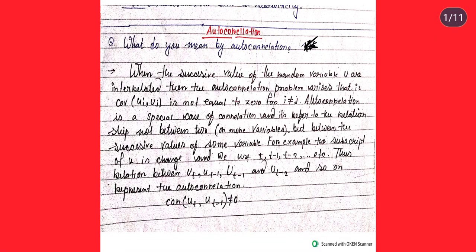Autocorrelation. What do you mean by autocorrelation? When the successive values of the random variable u are interrelated, then the autocorrelation problem arises.